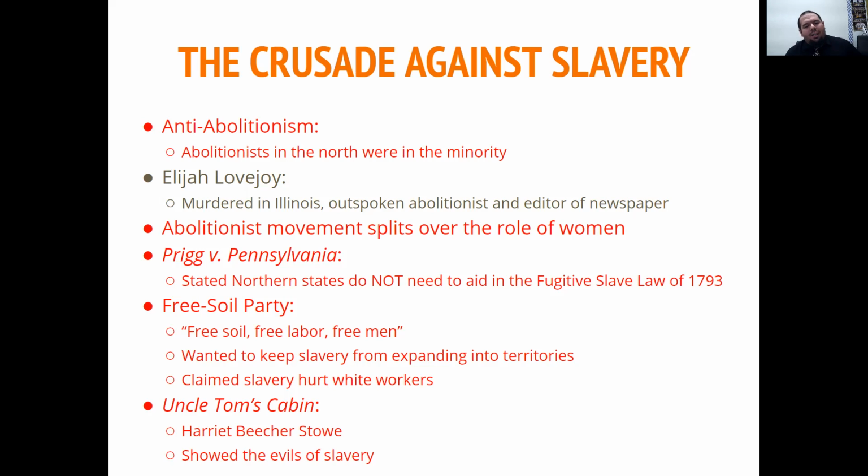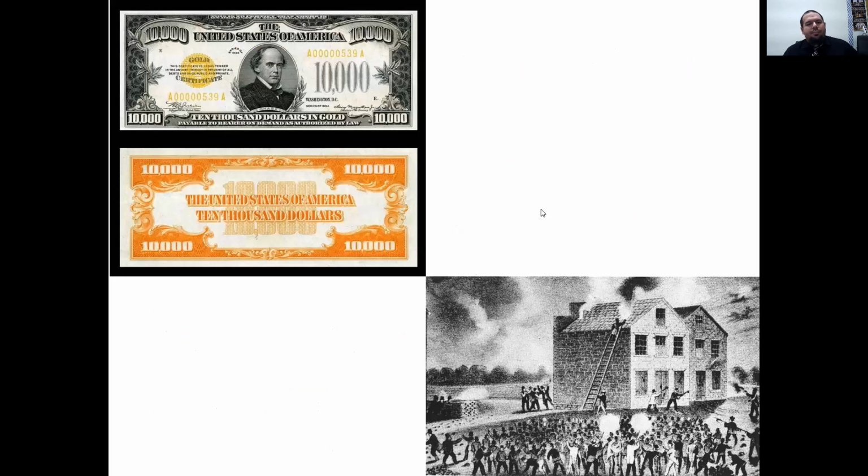So you have the Free Soil Party: free soil, free labor, free men. And they're also going to want to keep the expansion of slavery from happening in the new territories, especially in the North, but also in the South below that 36°30′ line. And they claim slavery hurt the white workers. You also have a big time novel written in this time period, Uncle Tom's Cabin, written by Harriet Beecher Stowe, and it showed the evils of slavery.